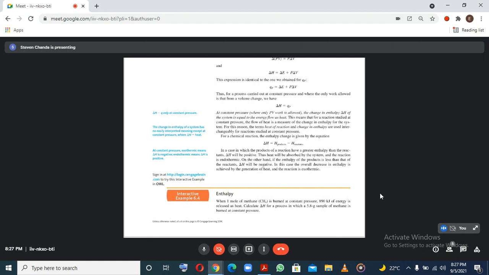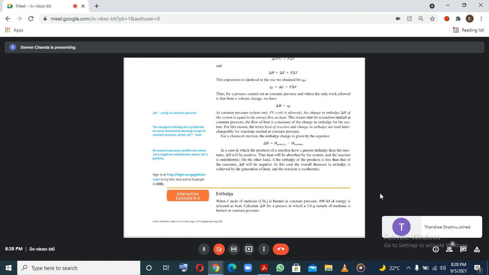So if the enthalpy of the products is greater than the enthalpy of the reactants, it means that the products have got more energy than the reactants. So where did they get the energy from? It means that first of all, the enthalpy change will be positive, but where did they get the energy from? It means that the energy was absorbed by the system from the surroundings, isn't it? So it means that the reaction is endothermic. So here you don't have to memorize and say no, it's positive. No, just understand it like that, right?